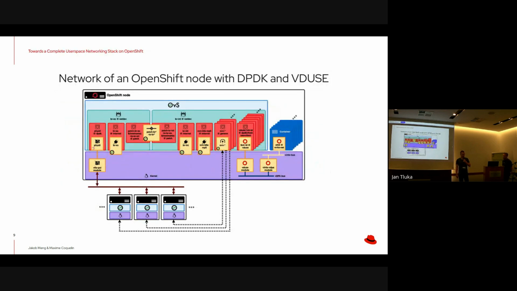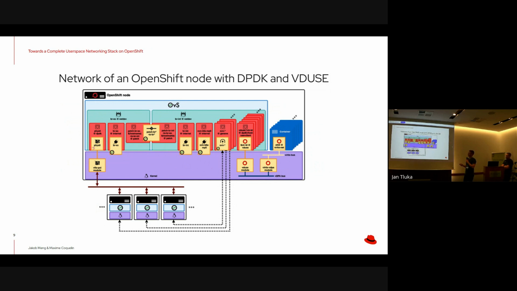Now, what did we change last time and this time as well? We have our bridges completely in user space, so only OVS-DPDK, and we use DPDK for talking to the NICs.